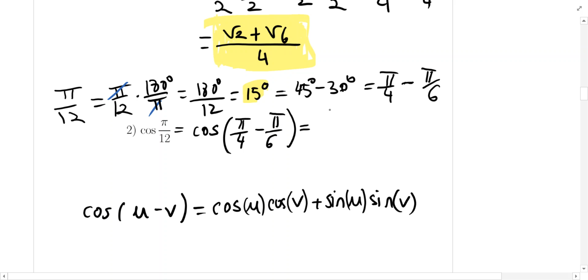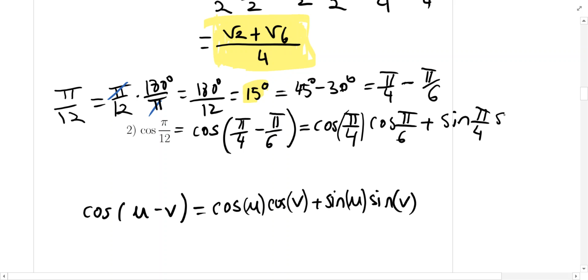All right, so now going back to our problem, cosine of pi over 4 minus pi over 6 is cosine of pi over 4 times cosine of pi over 6 plus sine of pi over 4 times sine of pi over 6. You get these values because you know them by now, or you would go back to the unit circle. Cosine of pi over 4 is square root of 2 over 2.